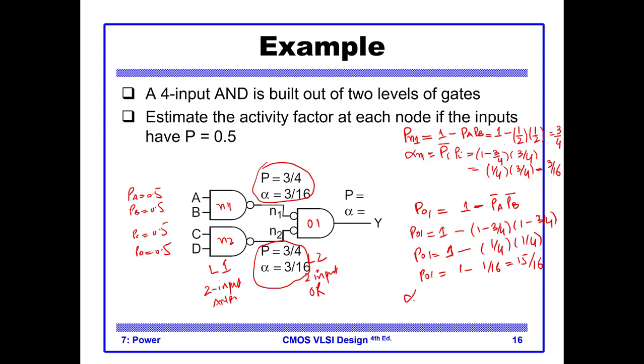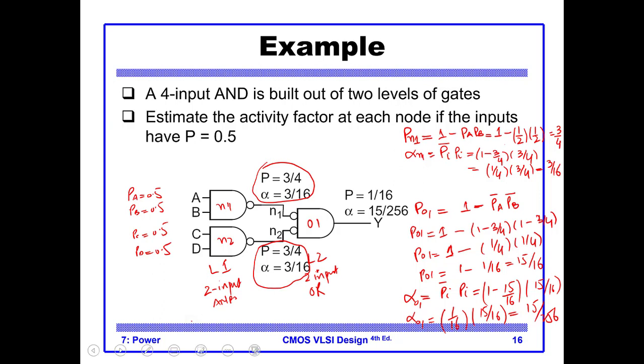And alpha is Pi bar Pi, so it is 1 minus 15 by 16 into 15 by 16, that is 1 by 16 into 15 by 16, which is 15 by 256.